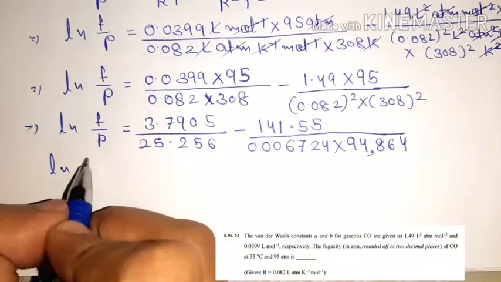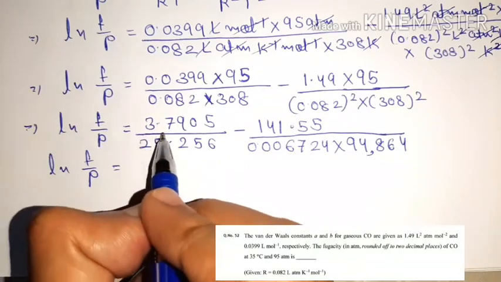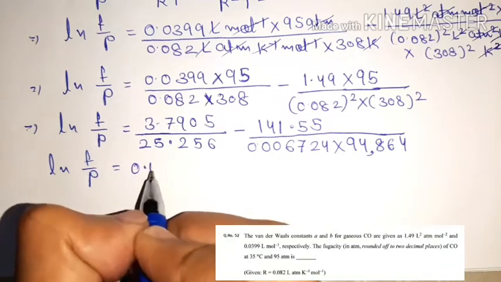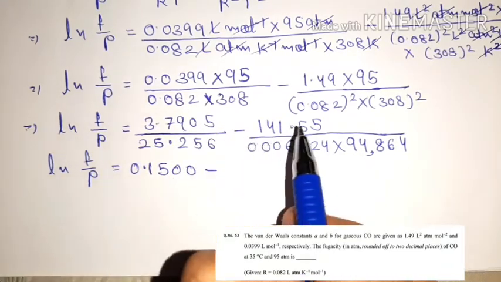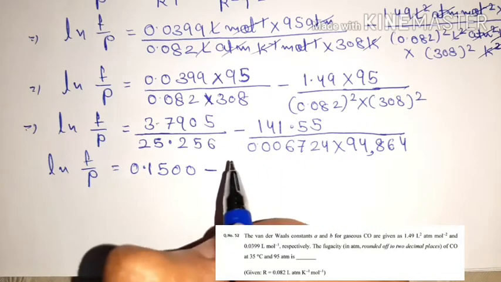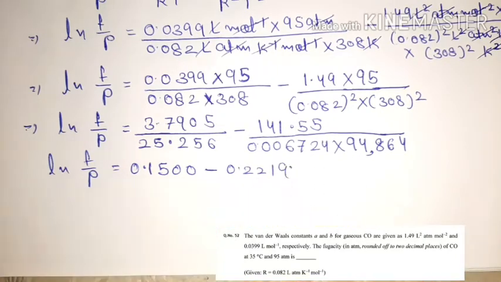So after calculating this, 3.7905 divided by 25.256, we get 0.1500, minus 141.55 multiplied by this whole term, which gives 0.2219.